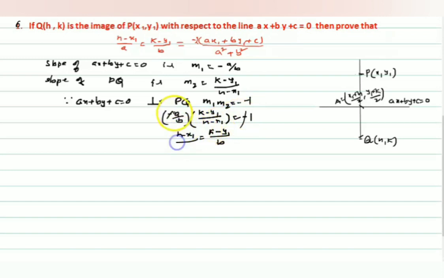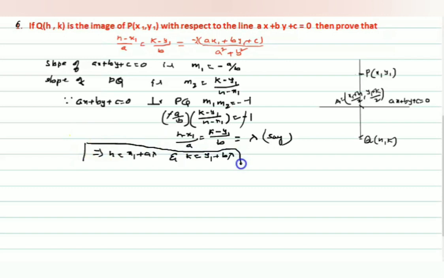This gives (h minus x1) by a is equal to (k minus y1) by b is equal to lambda. This is the first part. From this, we can write h is equal to x1 plus a lambda and k is equal to y1 plus b lambda. This is my first part of the work.